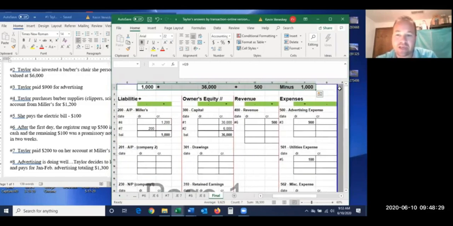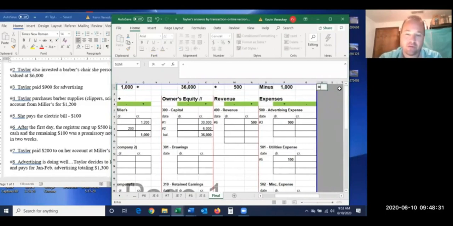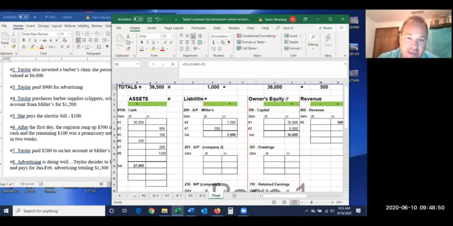Out here to the side, I'm going to add in the liabilities. And then it says, okay, plus this. And it says plus 500. And it says minus this. I add all of those up, 36.5, and that equals my assets.